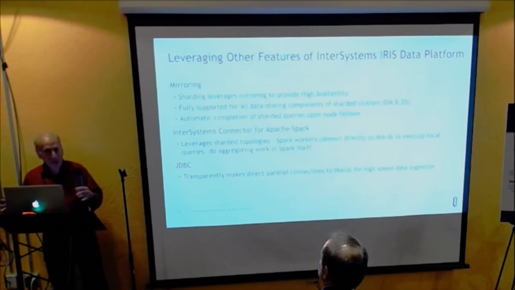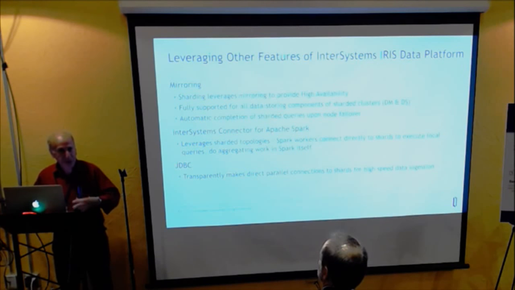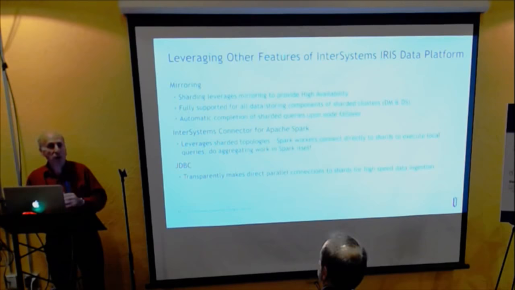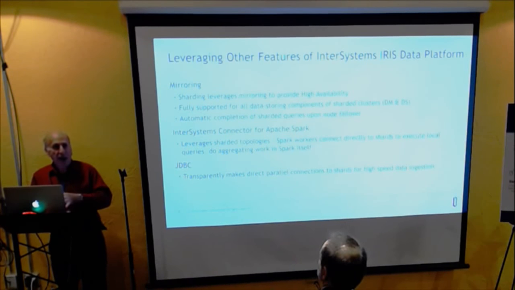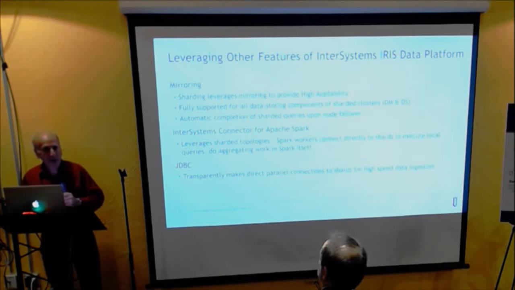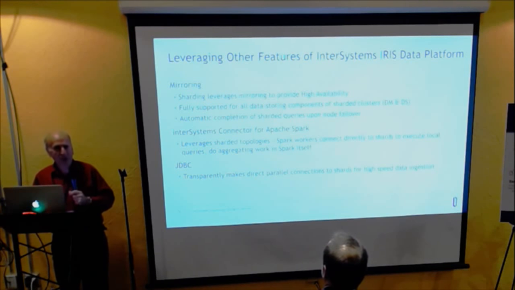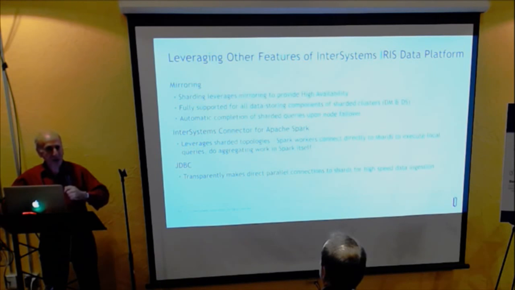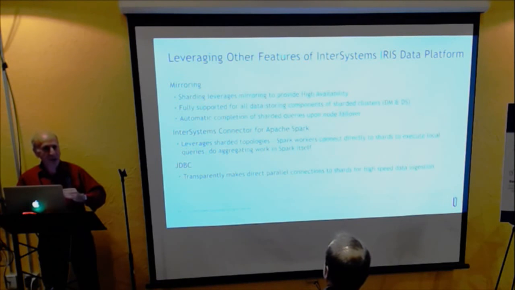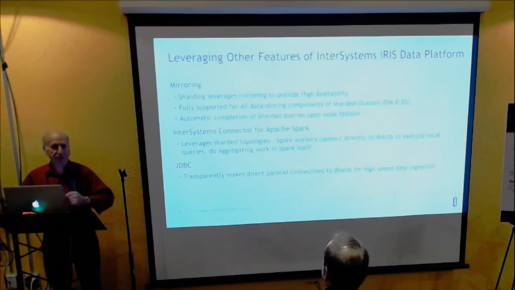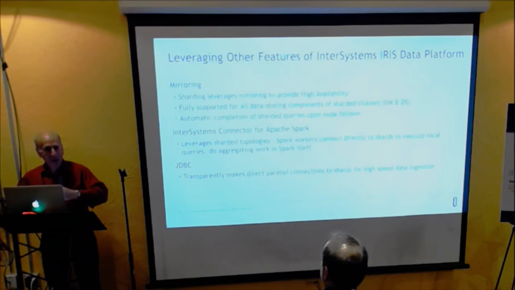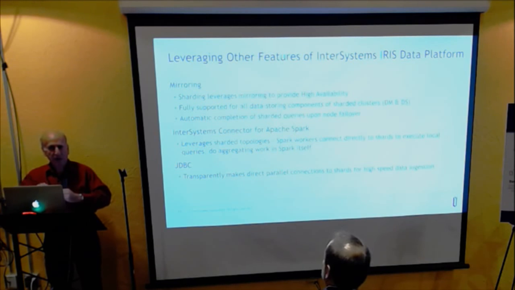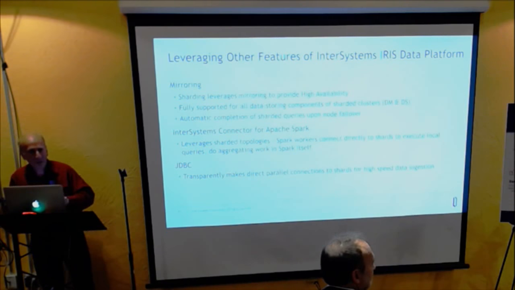Finally, JDBC, which is sort of the lingua franca of accessing SQL data, will transparently, at its own level, parallelize those operations that make sense to do so, and particularly data ingestion, that is batch inserts. So if you're inserting a lot of data into a sharded table through JDBC, rather than the shard master becoming a bottleneck where each row has to go there and be allocated out to the shards, the shard master brokers a connection transparently.